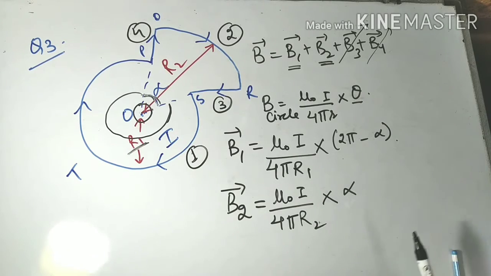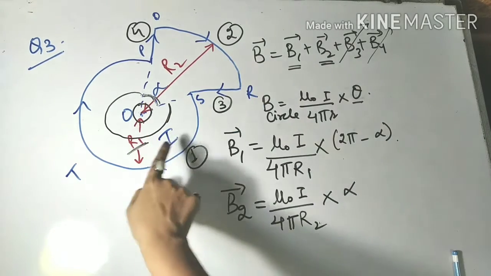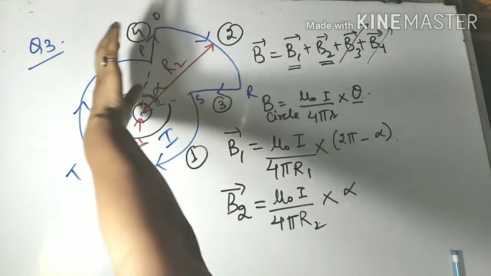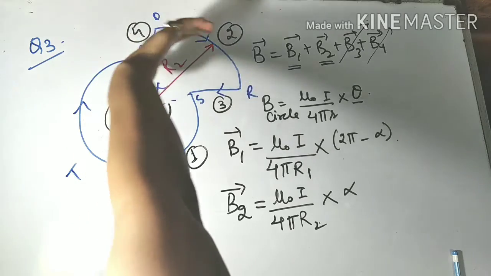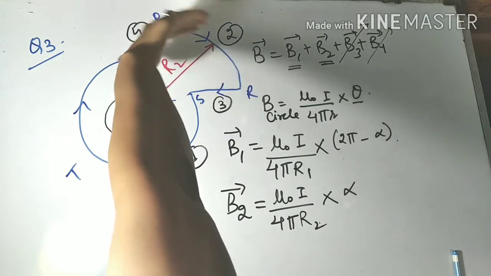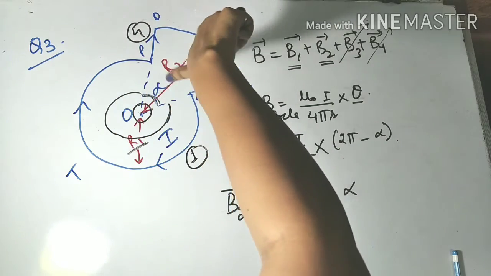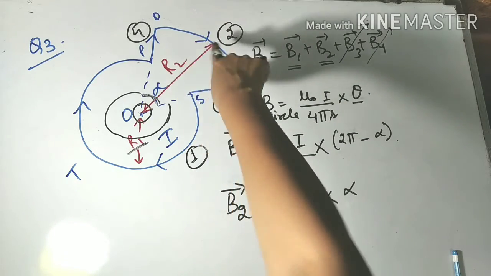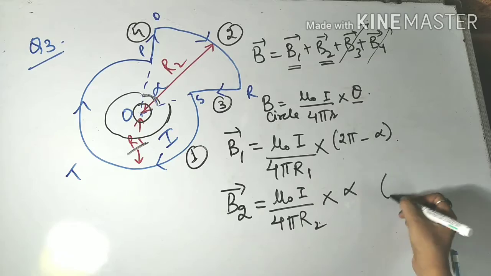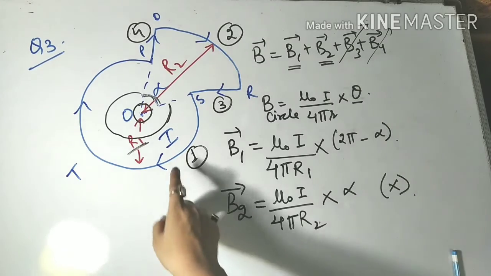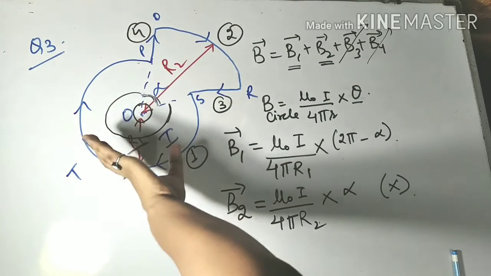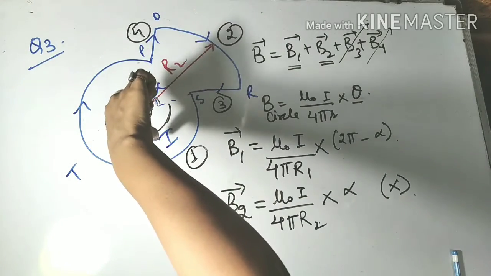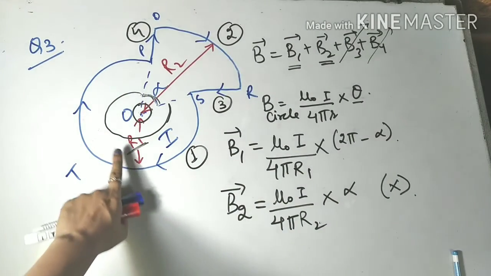Now let us see what is going to be the direction. So if I am talking about this arc, my curling fingers give the direction of current here, and what is the direction of thumb in this case? Inwards. So I can write cross for B2 here, and in a similar manner if I curl my fingers for circle 1, again I am going to get the direction inside this point.